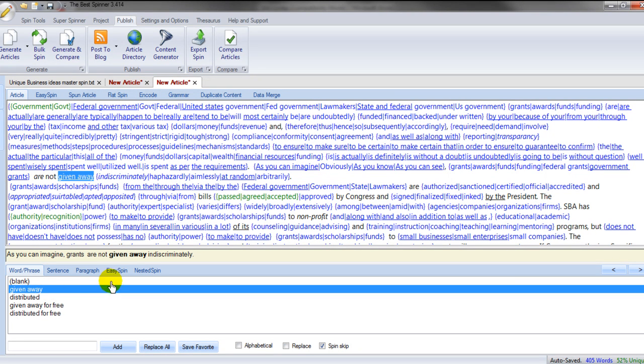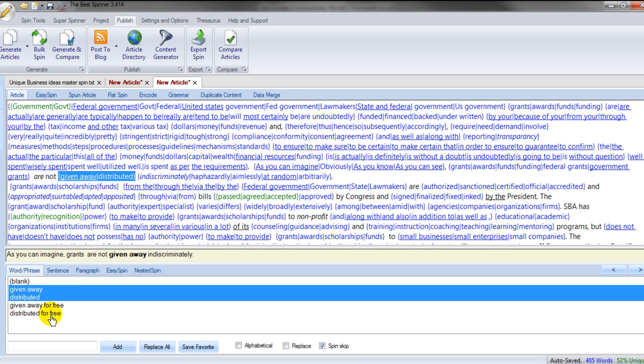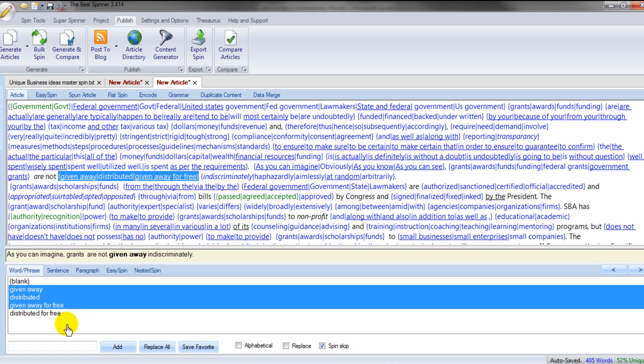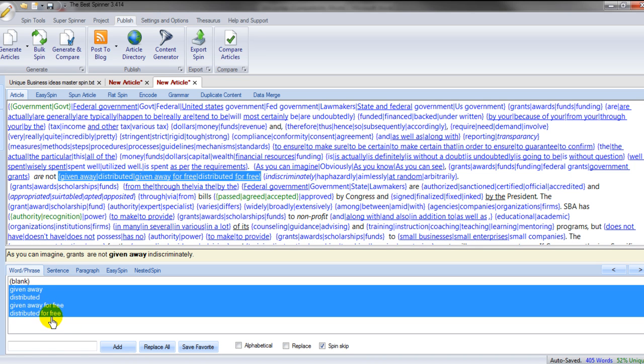The way you make sure you are choosing the right synonym is by looking at this section here, at the bottom. So read the sentence: as you can imagine, grants are not given away. Grants are not distributed, given away for free, distributed for free.